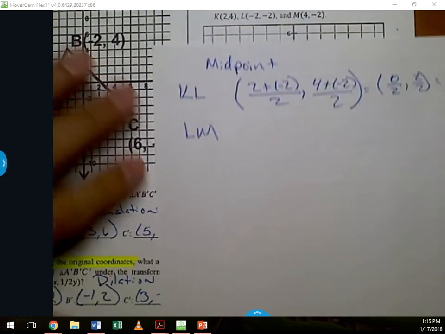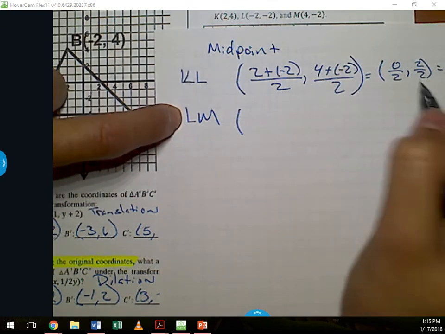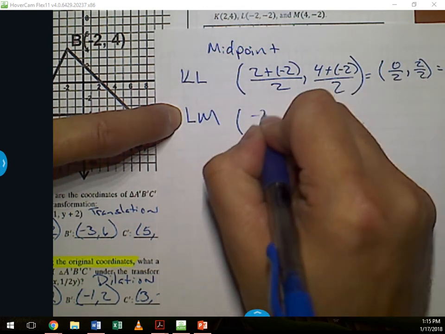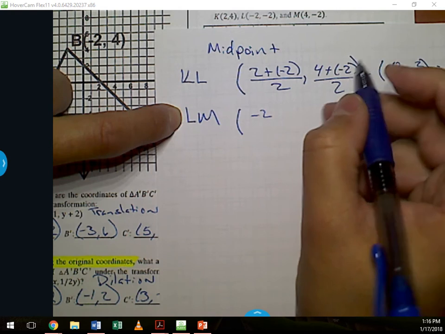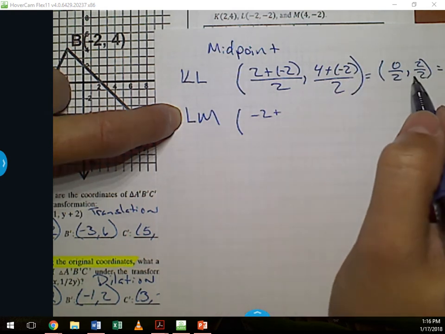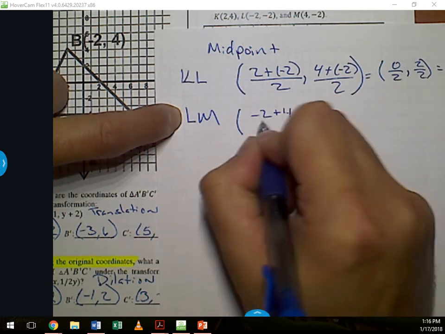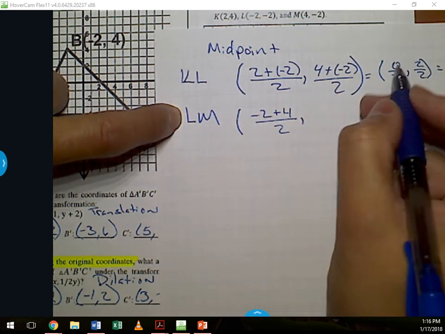Now let's do the same thing for LM. What is X from my first point? -2. Is there one just not awake yet? I'm awake. Plus, what is X from my second point? 4 all over 2, comma. What is Y from my first point?